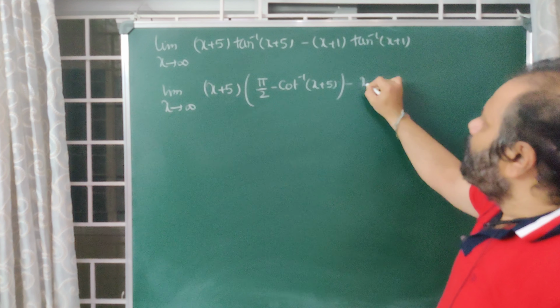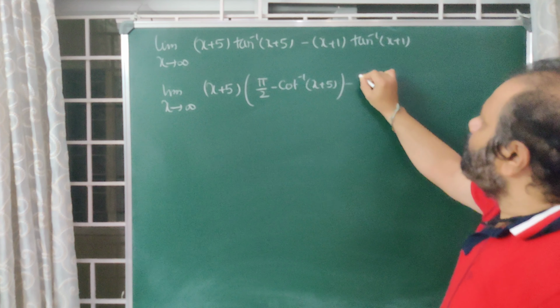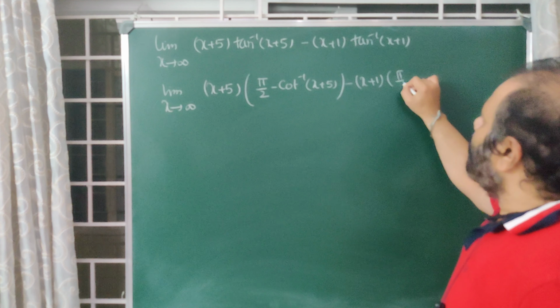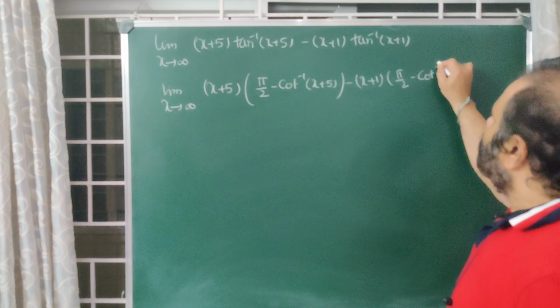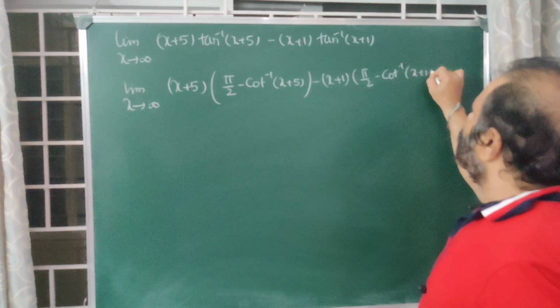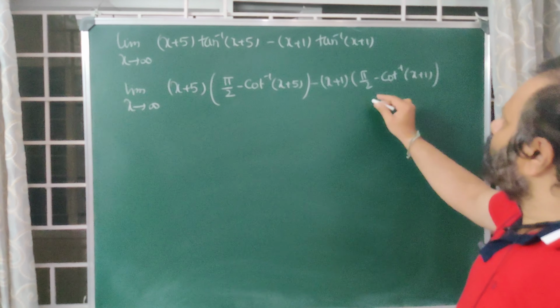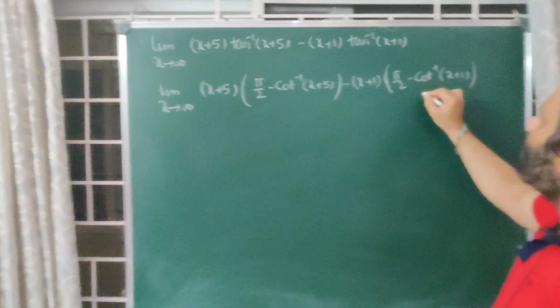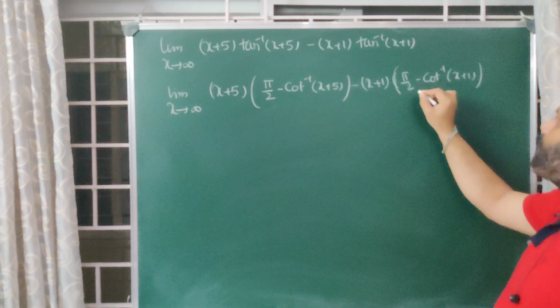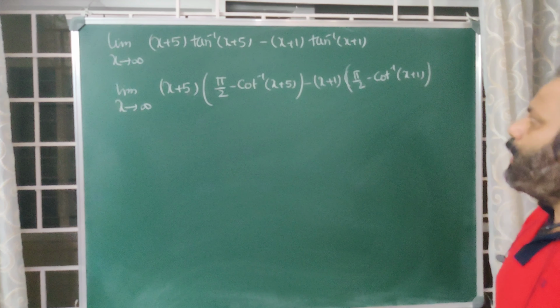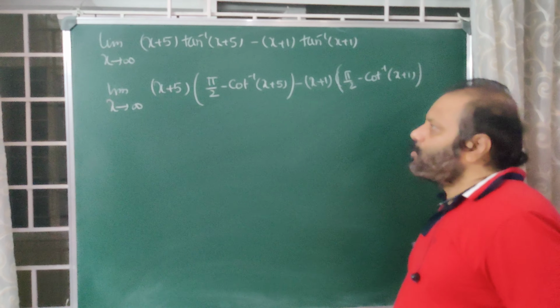Similarly, (x plus 1) into pi by 2 minus cot inverse (x plus 1), because tan inverse x plus cot inverse x is equal to pi by 2. Hence tan inverse of (x plus 1) can be expressed as pi by 2 minus cot inverse (x plus 1).